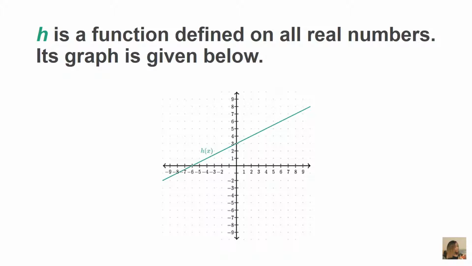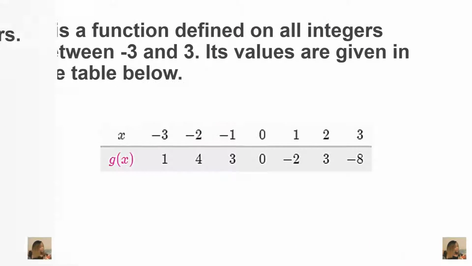So let's examine h of x. And from the graph, we can see that h of x intercepts the x-axis at x equals negative 6. So right about here. So this definitely isn't the answer. Now we need to examine the functions f of x and g of x.